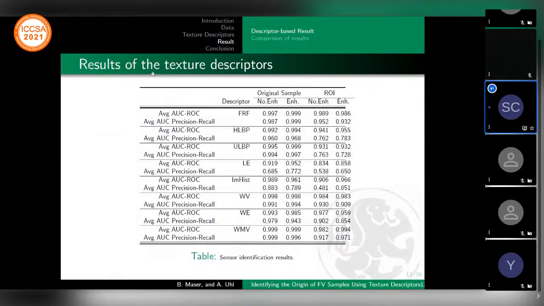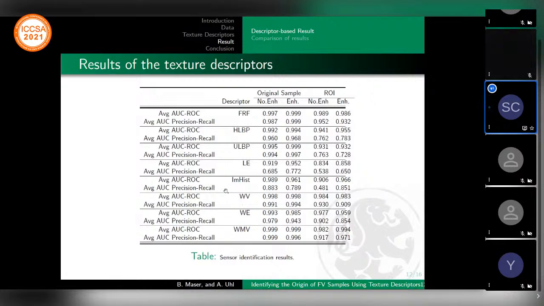Yeah, here we can see the results. The results are computed for the original samples as well as for the ROI image samples, both with enhancement and without enhancement. When we compare the results, we can see that the frequency-based method, the Fourier ring filters, and the 3 wavelet-based methods achieve the best performance.